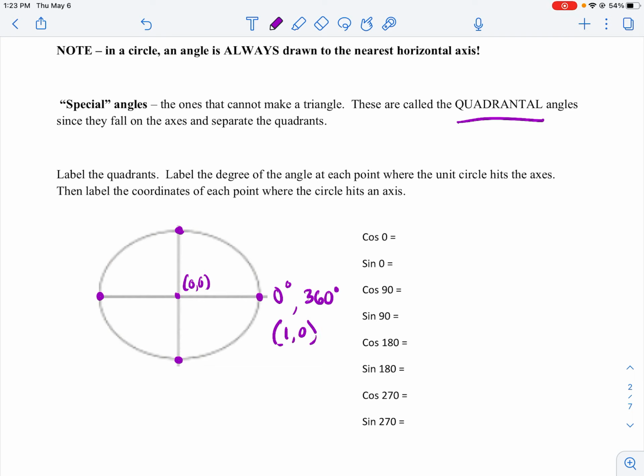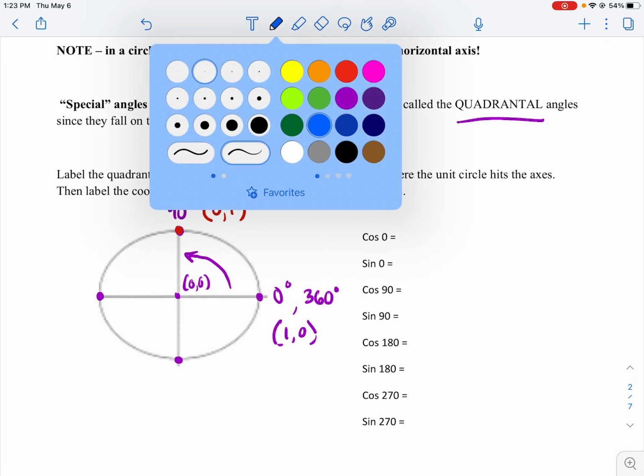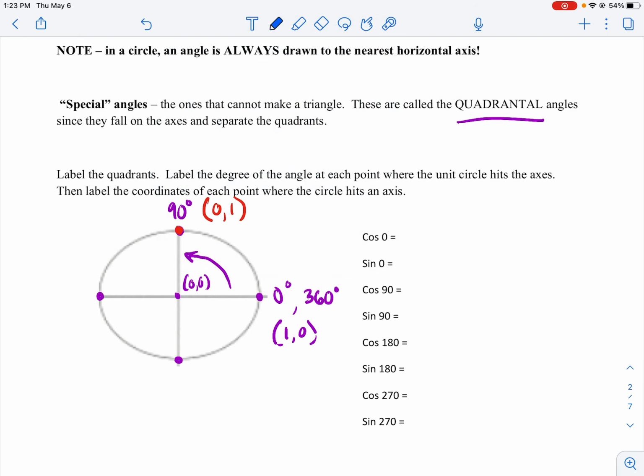Right? Now if we keep going up, this becomes 90 degrees, when we start at 0 and we go up to this point up here, which I'll highlight in red, and this point is 0, 1. Then we keep going, so now we've traveled 180 degrees around the circle, and this point is -1, 0.